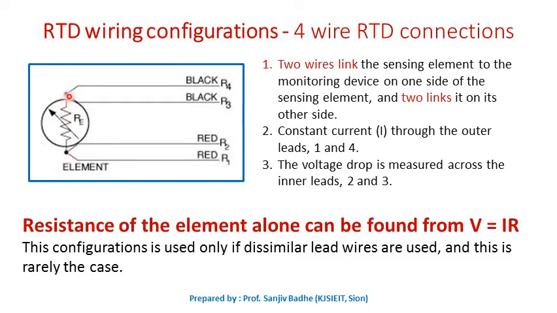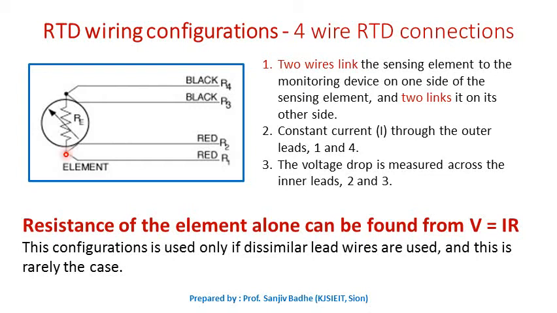Constant current is passed through the sensing element using the outer leads. So constant current is passed through the sensing element through lead 1 and lead 4, and the voltage drop is measured across the inner leads, that is lead 2 and lead 3.